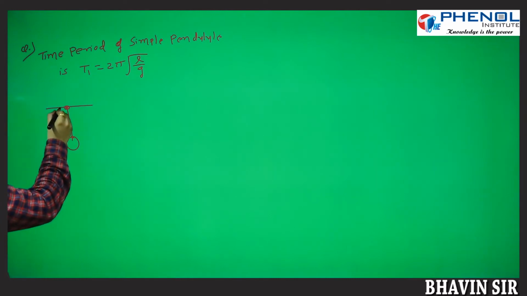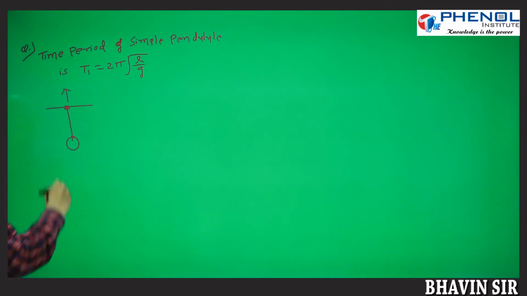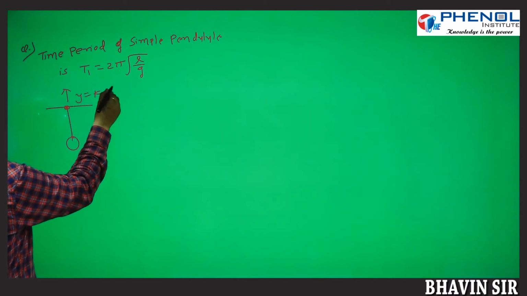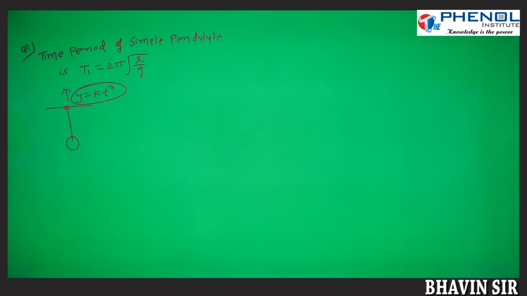This means the point of suspension is moving upward according to the relation y equal to kt square.